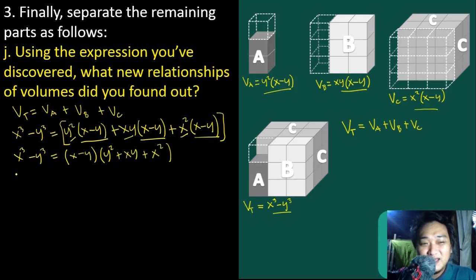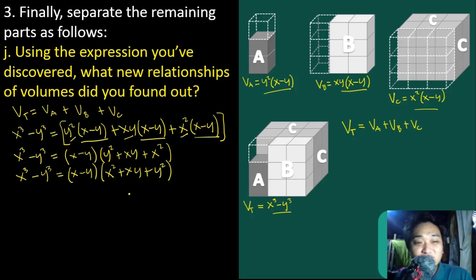Pero I hope at this point in time nakikita nyo na yung pattern, ano? So, x cube minus y cube is just equivalent to the quantity x minus y times x squared plus xy plus y squared. So, ang ganda, no?